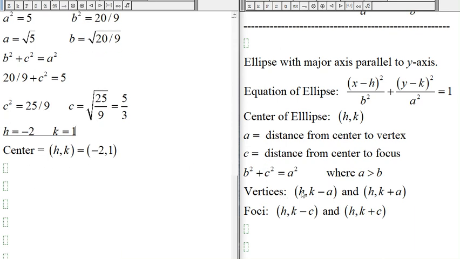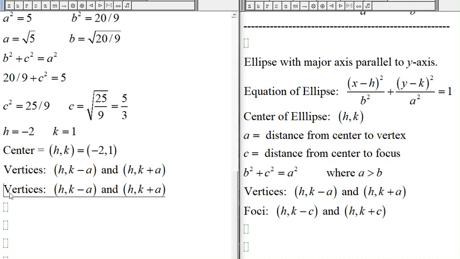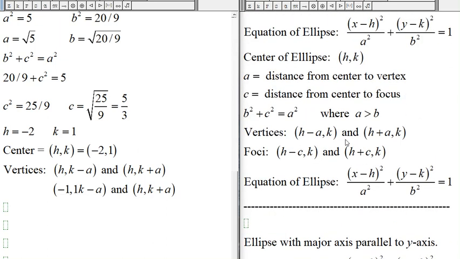And then to get the vertices, we just use these formulas right here. So h is negative 2, and k is 1. Since this type of ellipse is horizontal, we have to use these formulas right here.